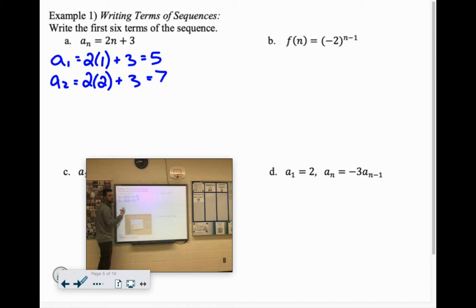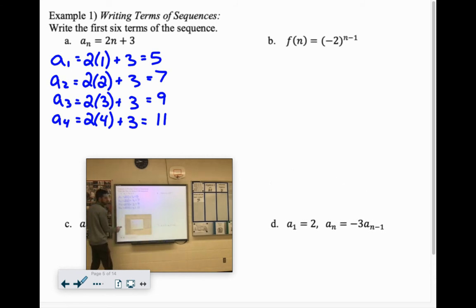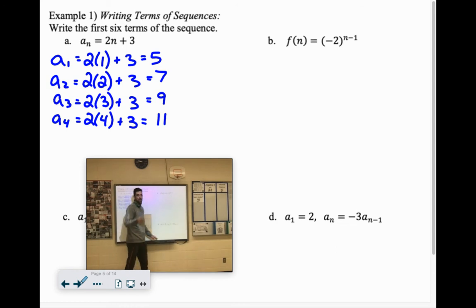Now you'll be able to see a pattern here usually, but we're going to write it all out. A sub 3, 2 times 3 plus 3, 2 times 3 is 6, plus 3 is 9. The fourth term would be 2 times 4 plus 3. 2 times 4 is 8, plus 3 is 11. I'm going to scoot down these other problems, as if we were writing over them, that would be a problem.